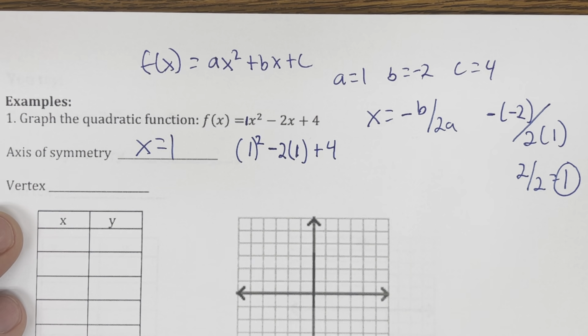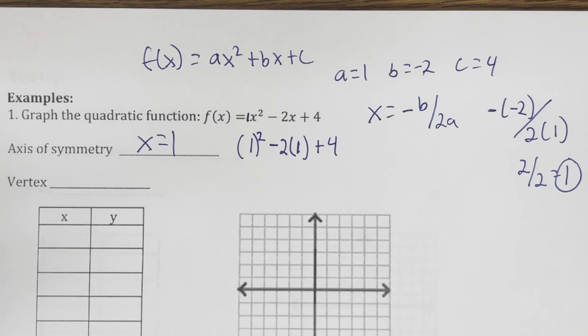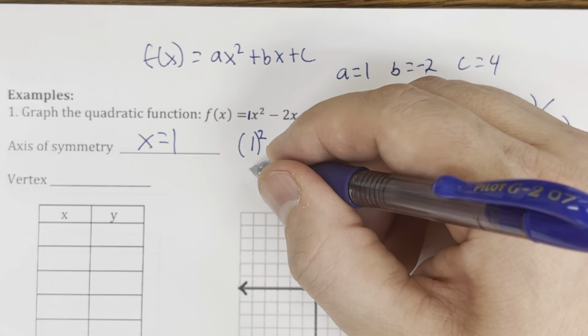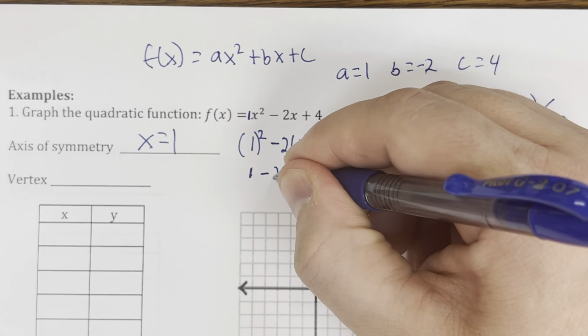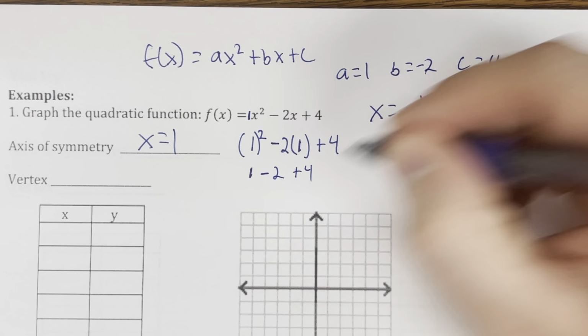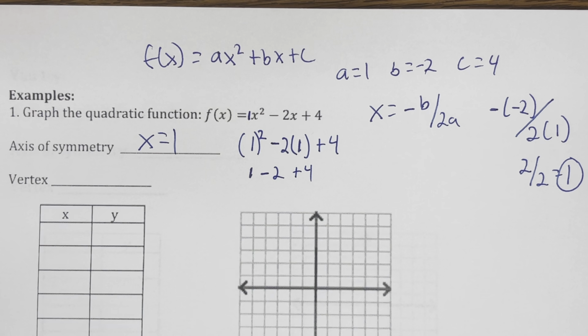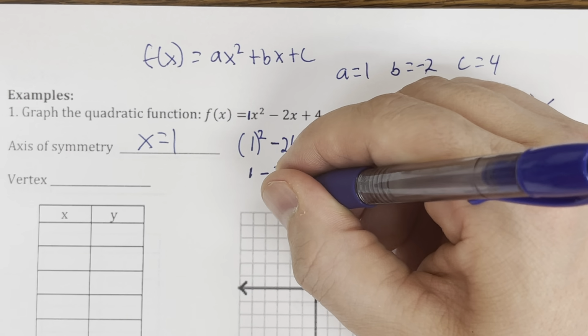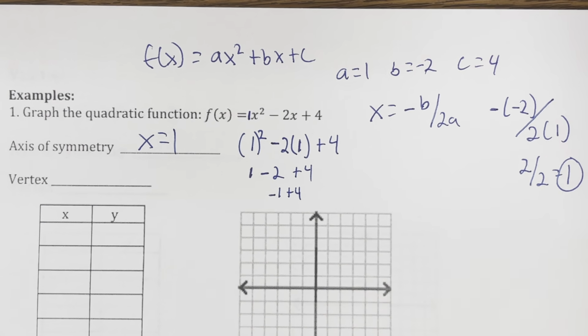When you simplify this down, you have to follow the order of operations. So I have to do 1 squared first, which is 1 minus 2 plus 4. Now, add and subtract from left to right. So 1 minus 2 is negative 1 plus 4, and that is going to be 3.